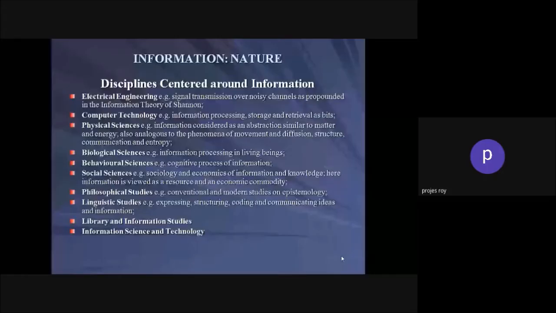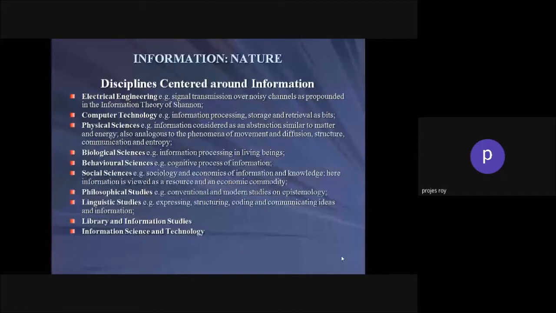It's information. The most interesting characteristic of information is that it is correlated and centralized in one place and combined of one kind of knowledge. If you see different subjects like electrical engineering, here you will find the basic concept is signals transmission over noisy channels, as propounded in the information theory of Shannon.